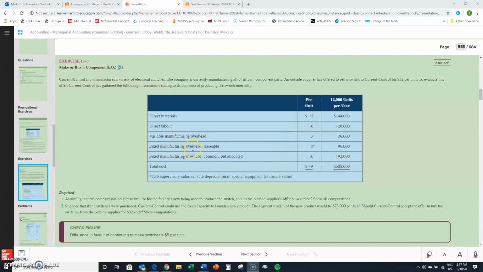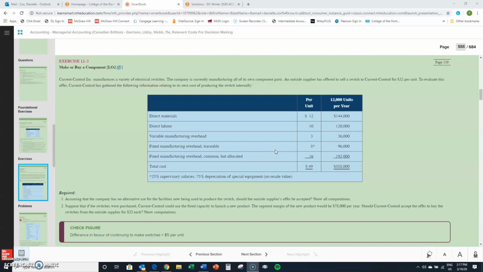Fixed manufacturing overhead, traceable, so it is traceable to that product. There's a little asterisk, and it says 25% of that is supervisor salaries, and 75% is depreciation of special equipment, no resale value. So of that $8, if we're not making the product, then we're not going to have to pay those supervisor salaries.